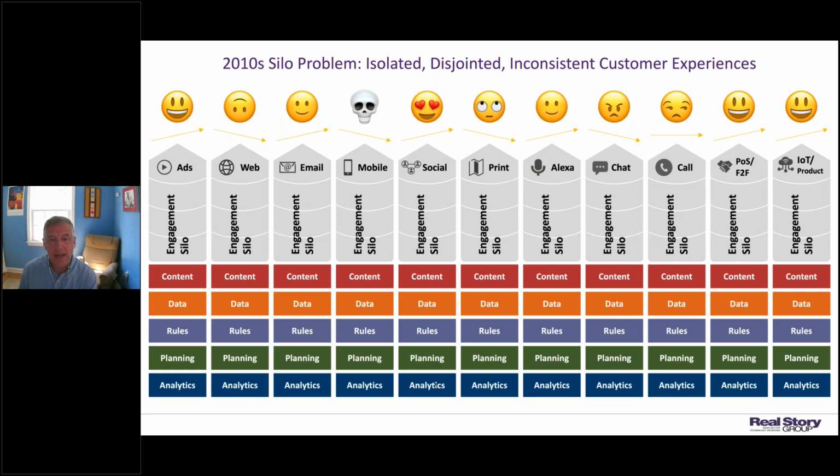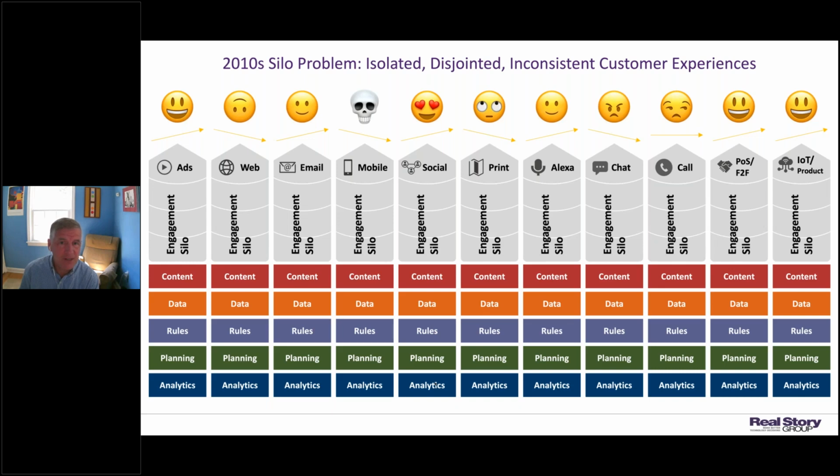So what we have are platforms that in many cases are extremely sophisticated. We spent a lot of time and money over the last decade modernizing them and building up the teams to manage what are often fairly sophisticated platforms around web, email, mobile, call centers, point of sale, social, everything else. But the problem is that as we look at this from a customer perspective, which has really accelerated, of course, during the pandemic, we have very inconsistent experiences.